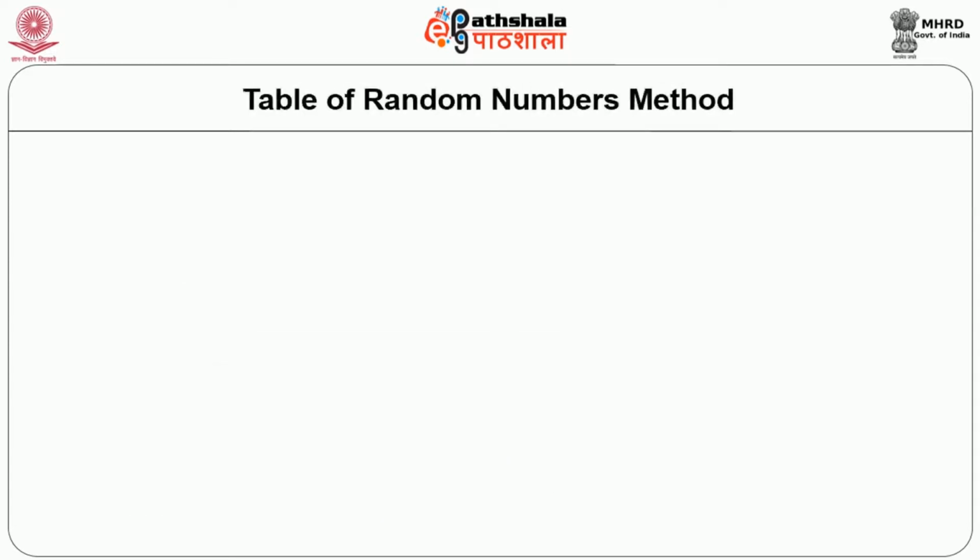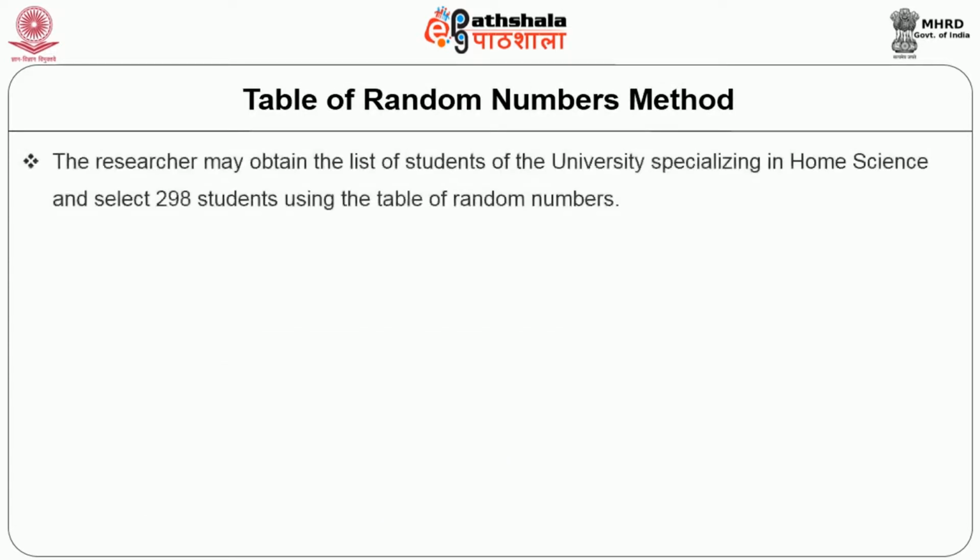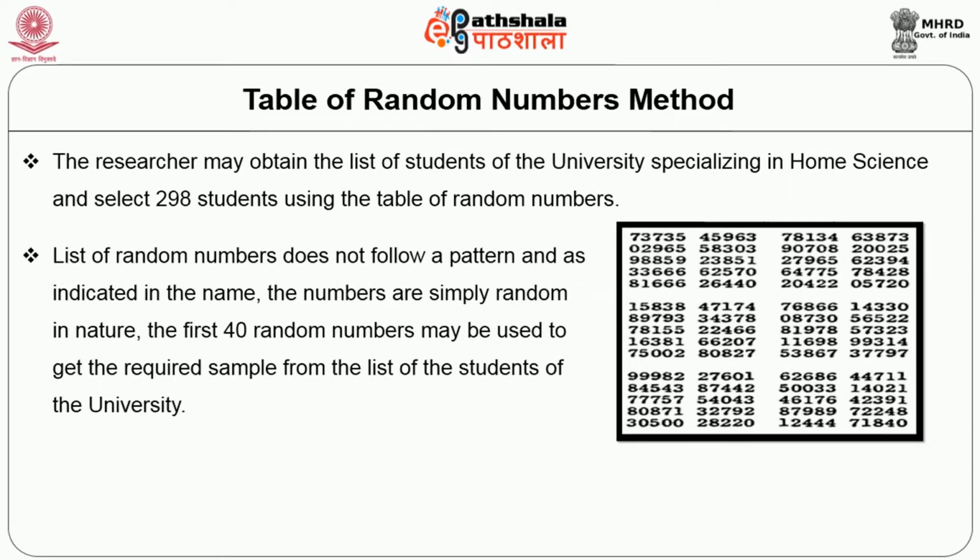In the table of random numbers method, the researcher may obtain the list of the 298 students of the university specializing in home science and select students using the table of random numbers. A list of random numbers does not follow a pattern, and as indicated in the name, the numbers are simply random in nature.